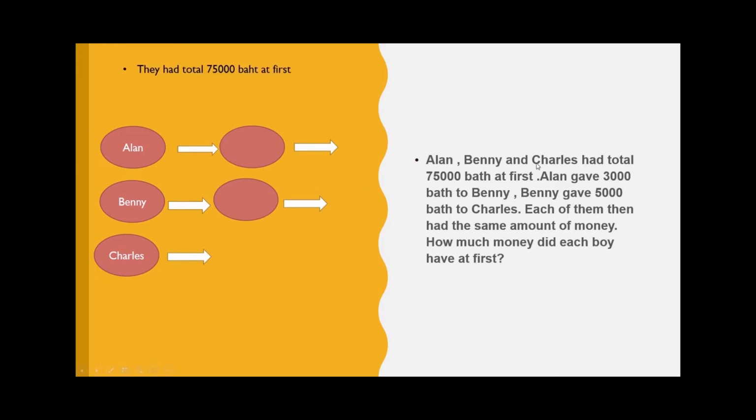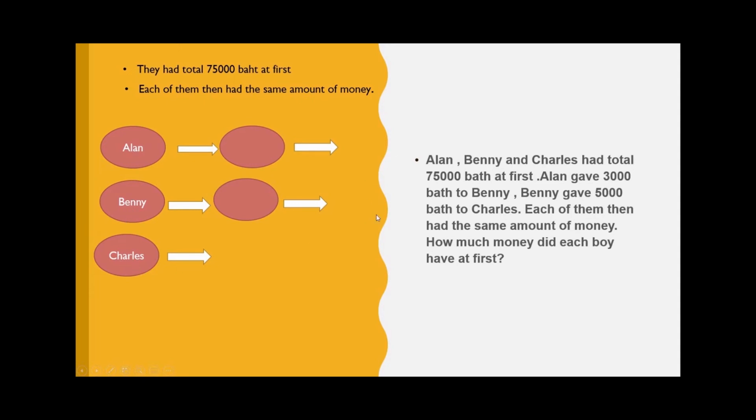Then Benny gave 5,000 baht to Charles. After that, each of them had the same amount of money. What does the question ask us to do? How much money did each boy have at first?